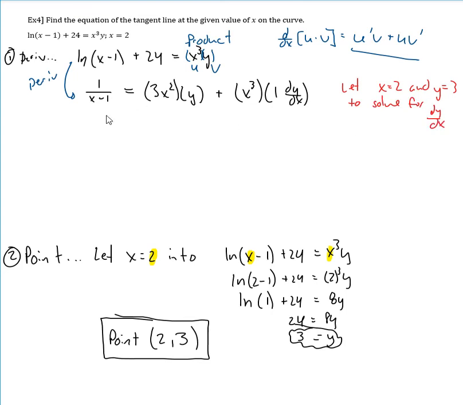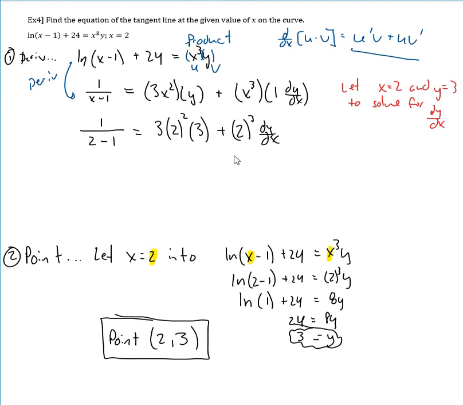We've got 1 over x, which is 2, minus 1, equals 3 times x, which is 2, squared, times y, which is 3, plus x, which is 2, cubed, times 1 dy dx. We could just write that as dy dx, like that.